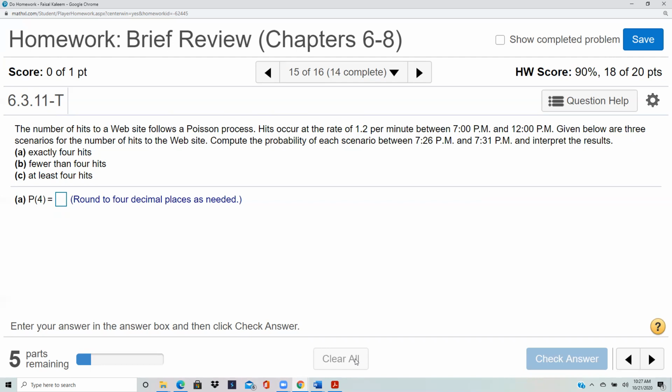Do they give us the mean? The only number they really give us is the 1.2. Right, but you have to read what that is. That is 1.2 per minute, right?